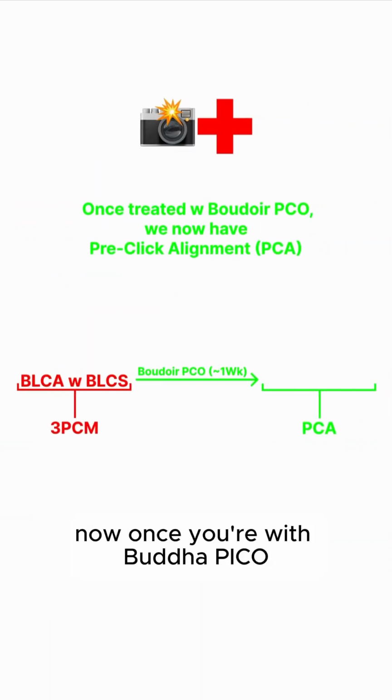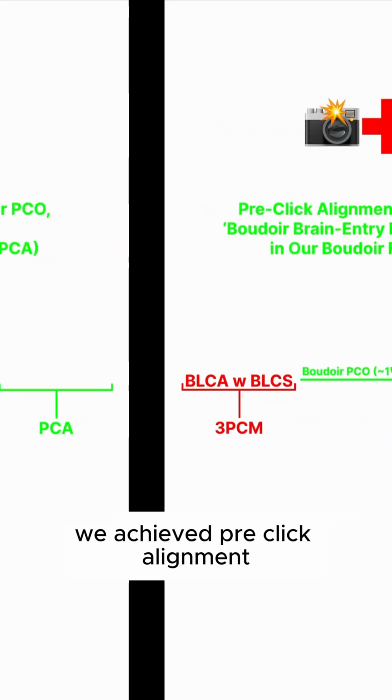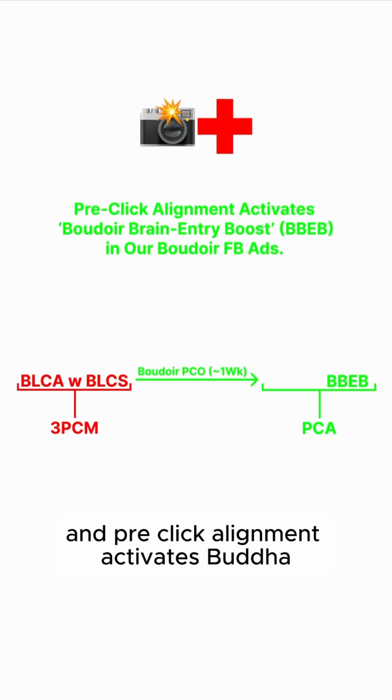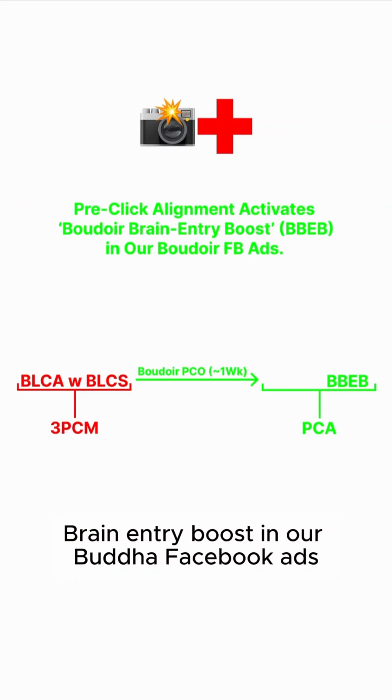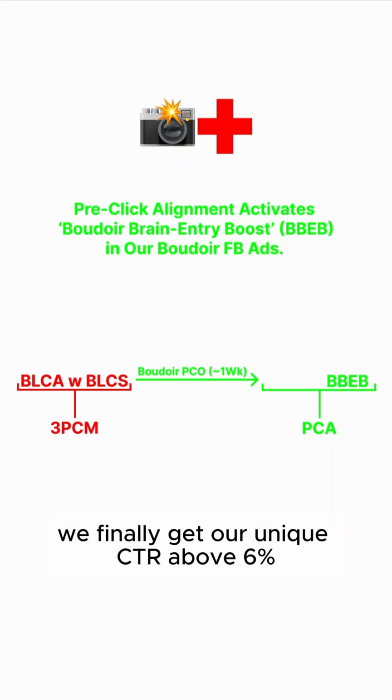Now, once treated with boudoir pico, we now have pre-click alignment, PCA. So we got rid of the 3 pre-click mistakes. We achieved pre-click alignment. And pre-click alignment activates boudoir brain entry boost in our boudoir Facebook ads. Basically, we finally get our unique CTR all above 6%.